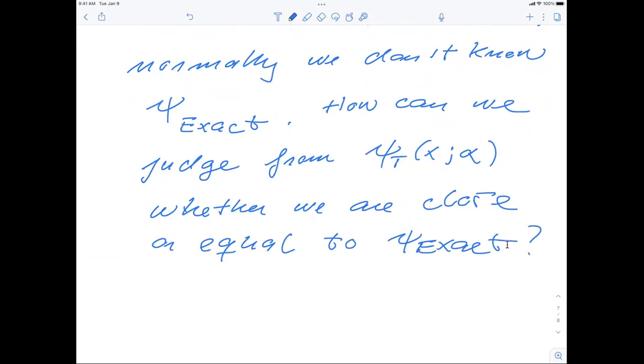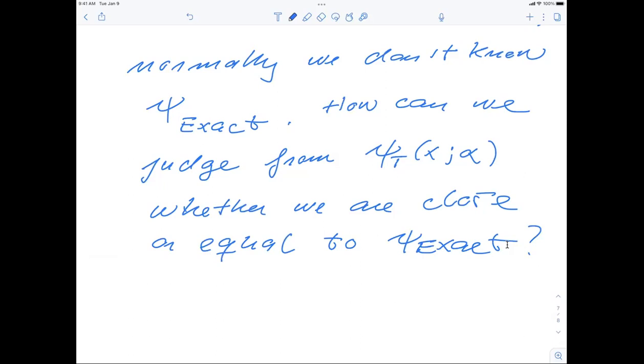So there is actually a measure which we can use in order to find whether we have the exact wave function or not. When we calculate the energy with this trial wave function, we just get a number. We don't know whether that number is close to the exact energy for that specific integral we are evaluating or not. So the question is, do we have some quantities which we can evaluate in order to see whether we have the exact energy or not?